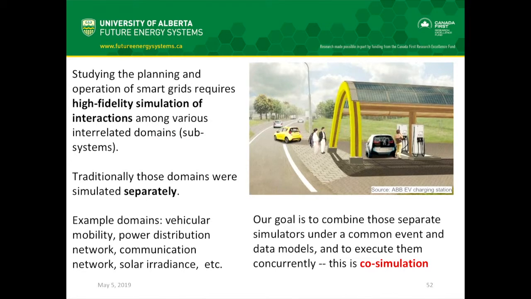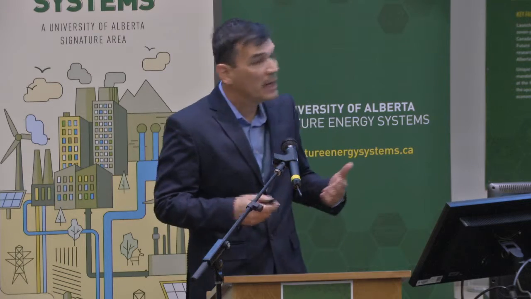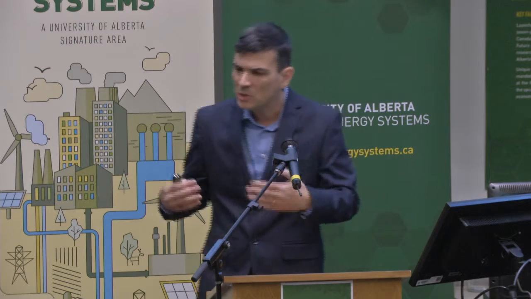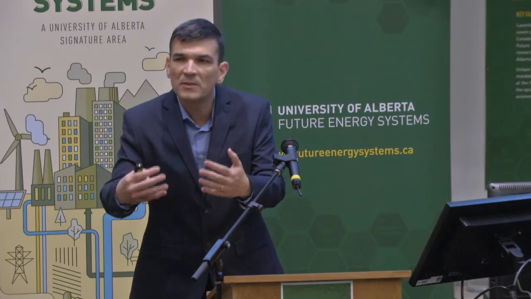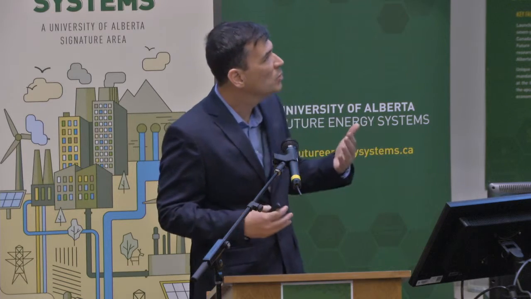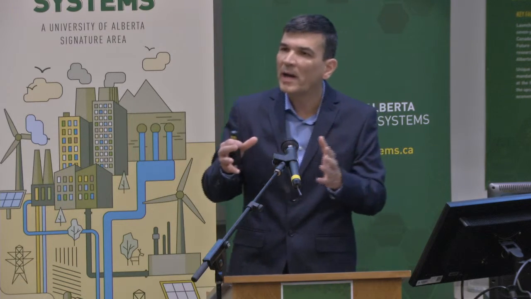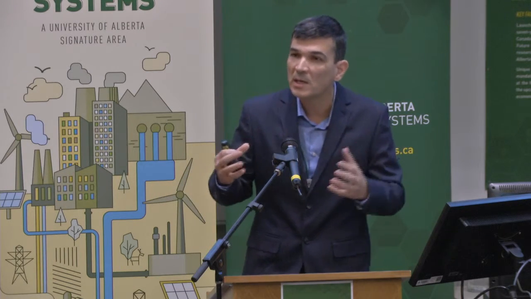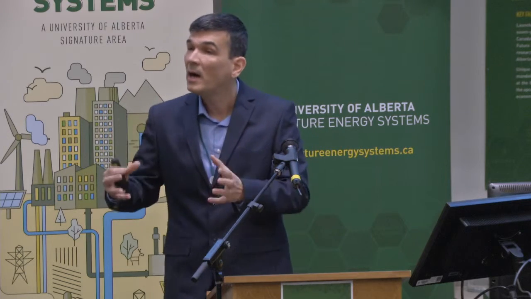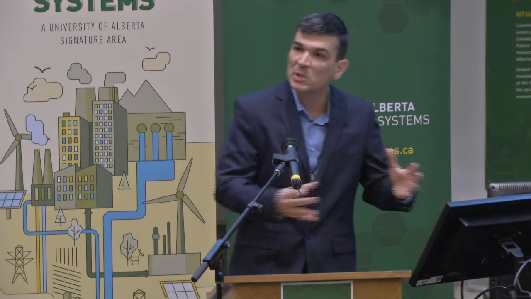Also, you need to know how much solar energy is available for the charging. Also, when the vehicle arrives, you need to inform the service provider how much energy you need. Also, when you have the power to allocate to this vehicle, you need to know if this is going to create an overload or a voltage drop in the transmission power.